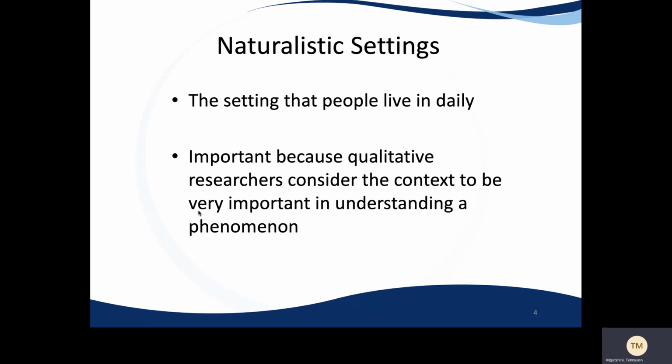So you would find that in qualitative research, this idea of a homogeneous existence between participants is definitely something that goes against qualitative research, because the view is that each person is more than just an individual going through whatever phenomena you're interested in, but they are an individual who is going through that phenomena and is impacted on by who they are, what their context is. So this idea of naturalistic settings is an important consideration within qualitative research.